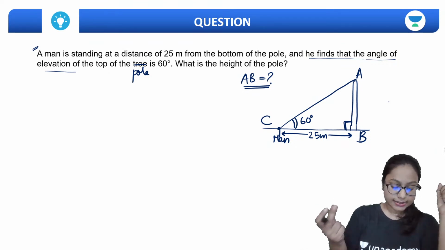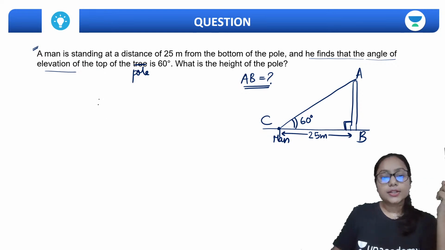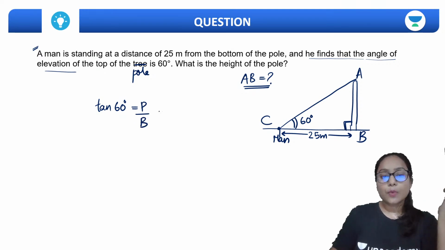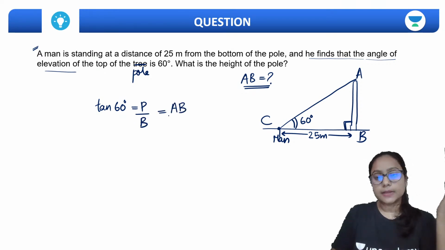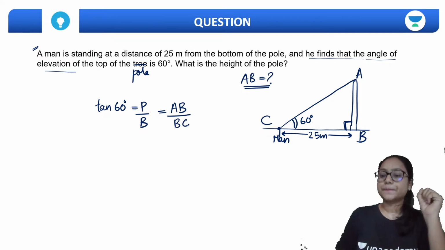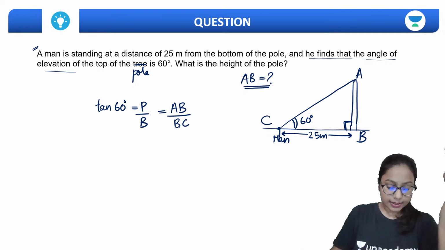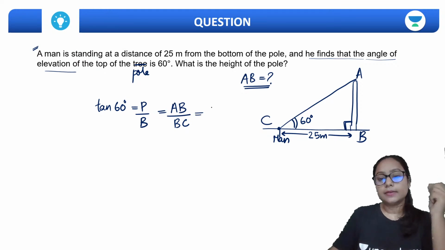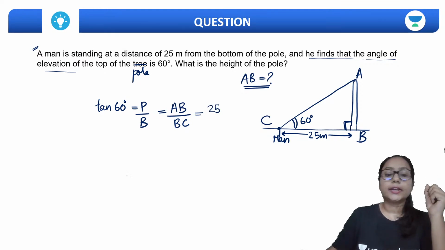Yes, Thomas, correct. Tan. So I can write tan 60 degree is equal to perpendicular upon base. What is the perpendicular? AB. What is the base? BC. Right? Yes, Ankit, Manvi, Aditya, correct. So AB upon BC. AB is what I need to find.